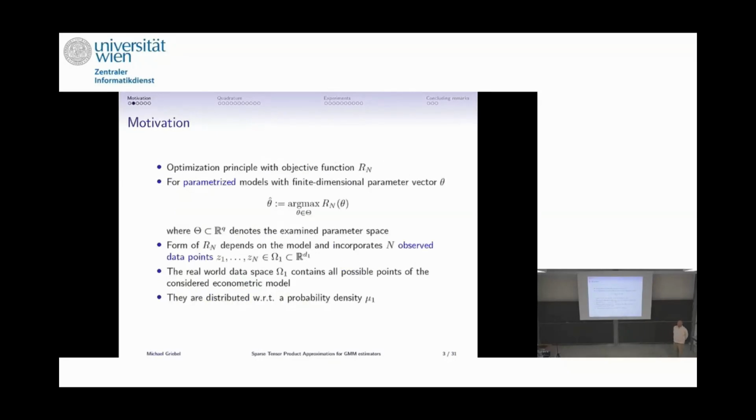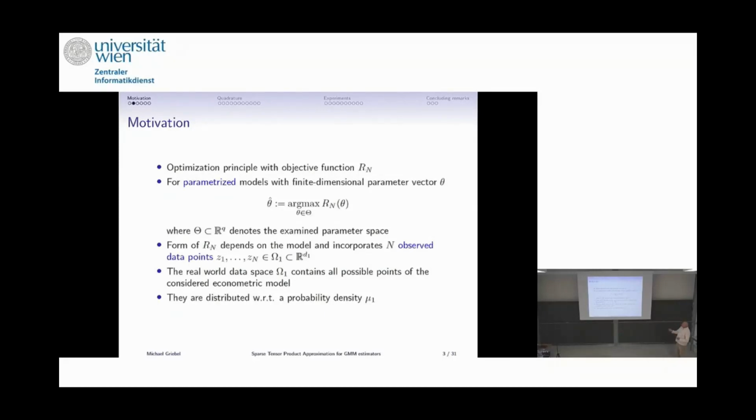And as usual, there is an optimization principle and there is an objective function, call it R_n, which for parameterized models needs to be maximized over the parameter field. So this theta is out of R^Q and denotes the examined parameter space.